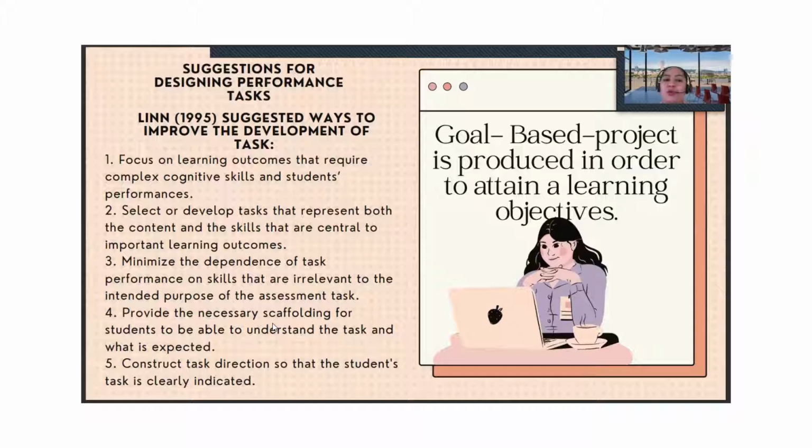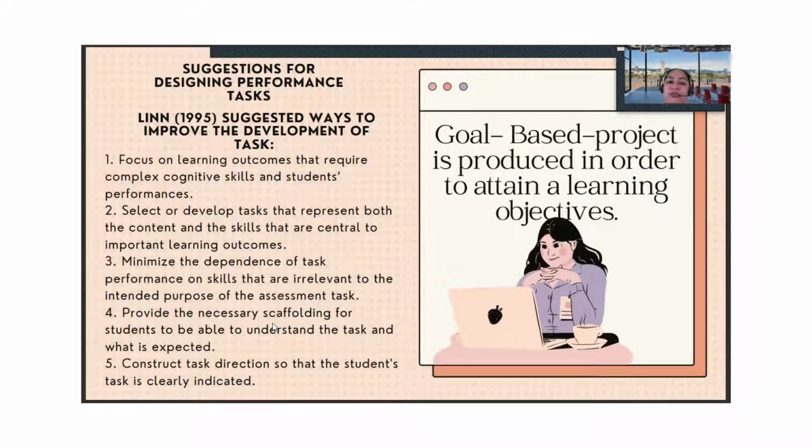So it's important that you find a task that reflects your competencies and objectives. Next is select or develop tasks that present both the content and the skills that are central to important learning outcomes. You need to select and develop a task where the content and skills you want to get are present. It's the same as what I said earlier.